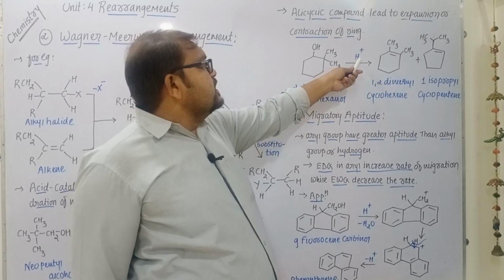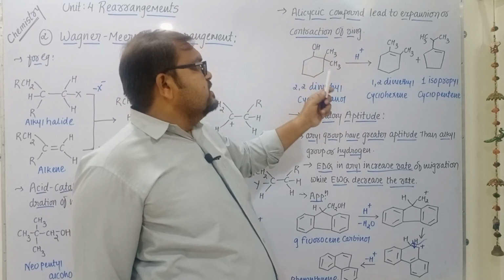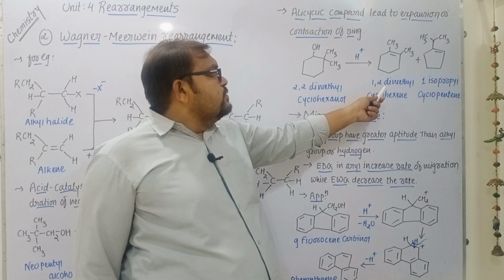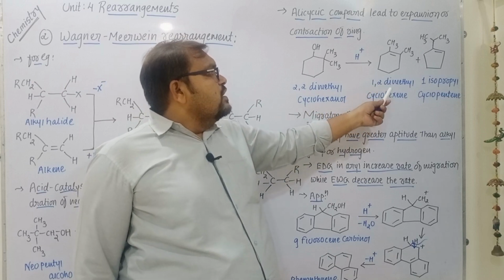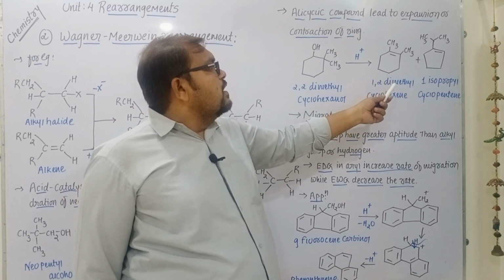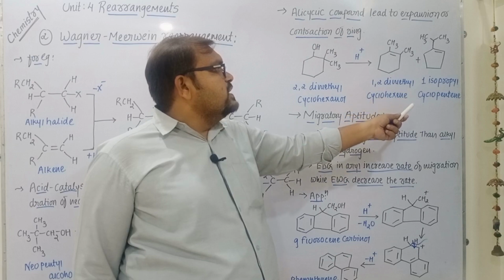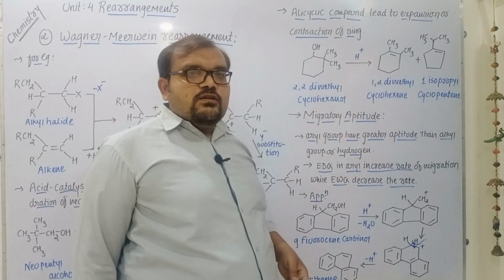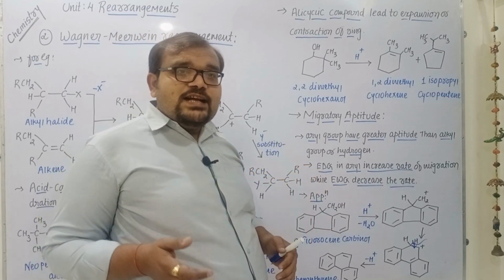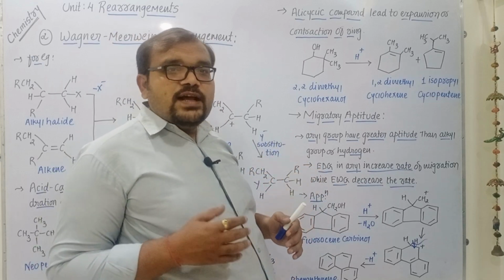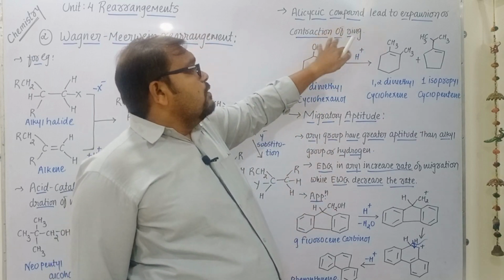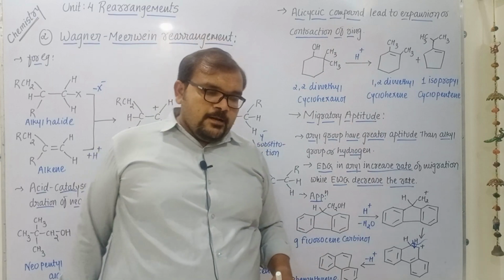When we carry out addition of hydrogen, it may give 1,2-dimethyl cyclohexene after expansion, or it may give 1-isopropyl cyclopentene by contraction of rings. So in this way we can say that in the case of alicyclic compounds, Wagner-Meerwein rearrangement leads to either expansion or contraction of the ring.